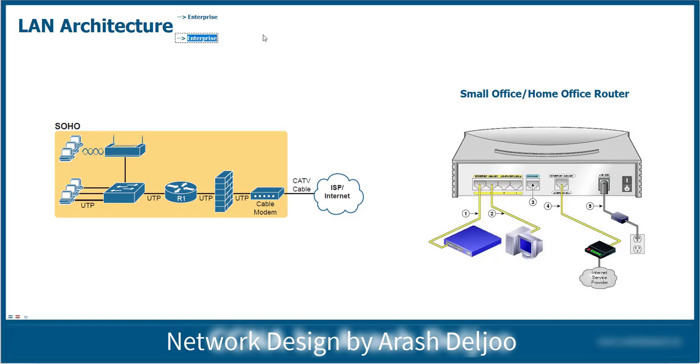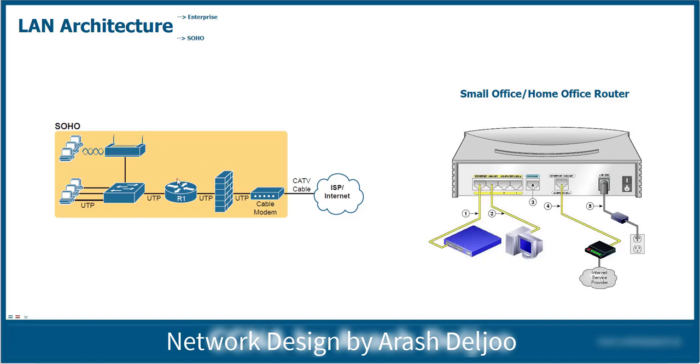This is the SOHO. We call this type of small network small office, home office. But in a SOHO, in most cases, we don't use an individual router, individual switch, individual access points, maybe an individual firewall, and some other things.